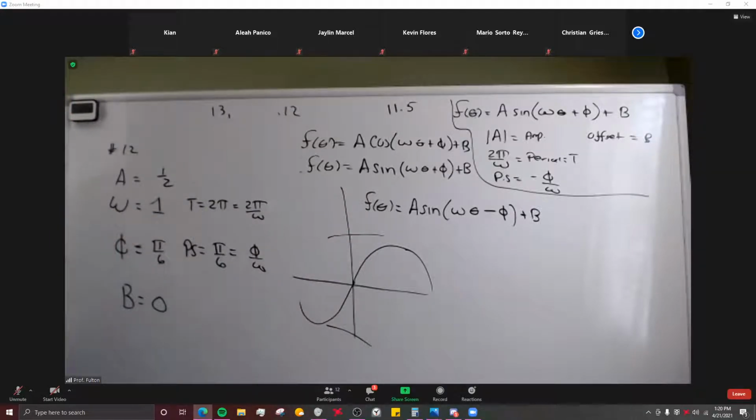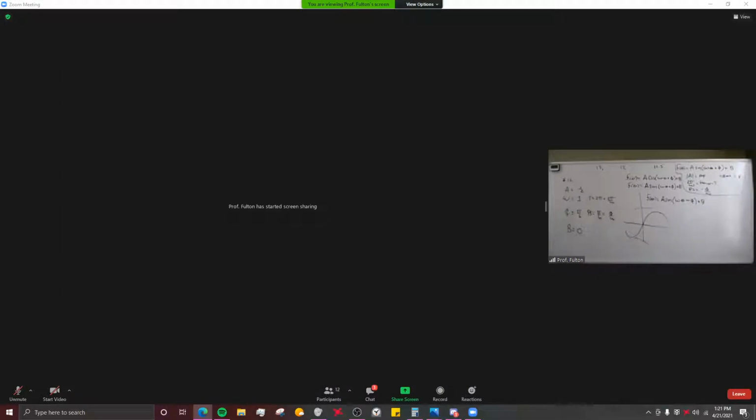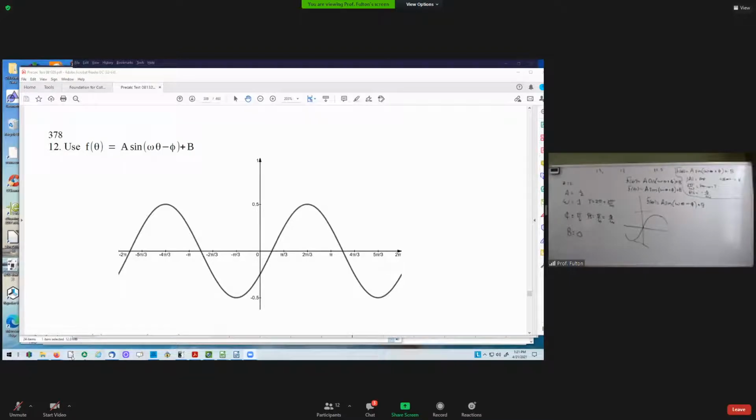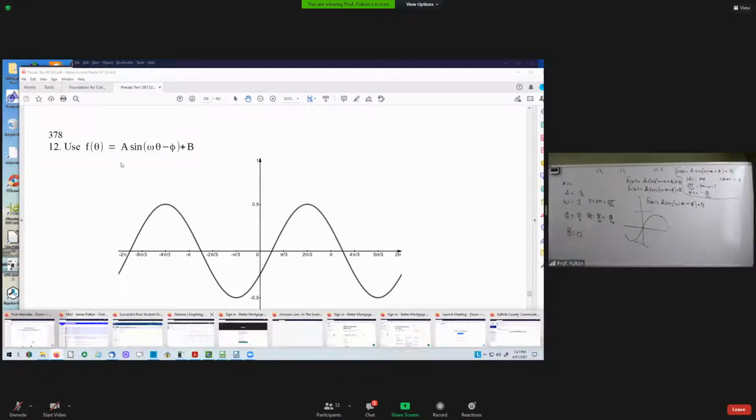So let's put that in and see if it does give us what we would expect in our rendition using Desmos.